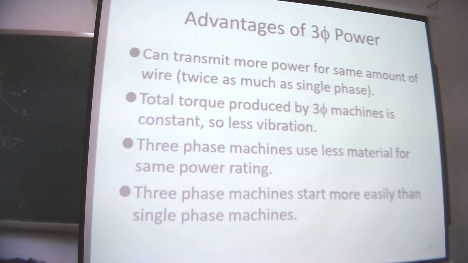Let's explain. This is A, A. This is B, B, C, C. This is 3 phase, and this is 1 phase A, A. So this is our stator, this is our rotor. Physically it's also easier than single phase, because this rotor is plus minus plus minus.